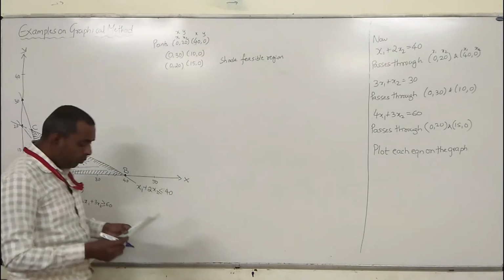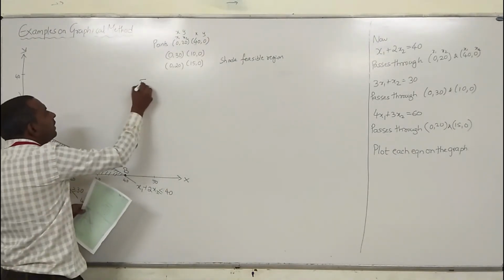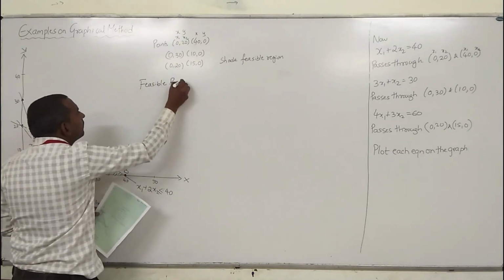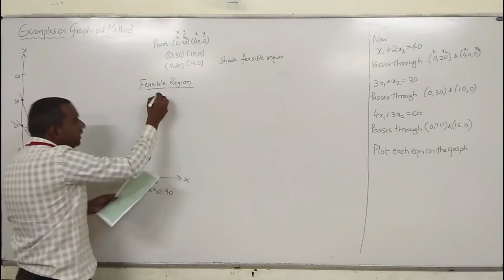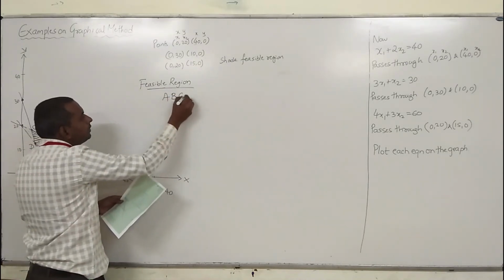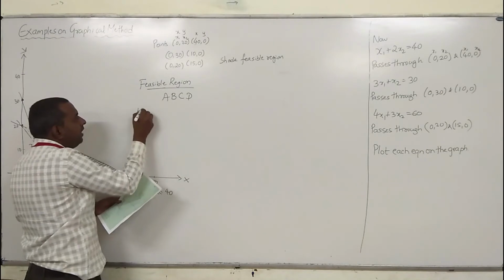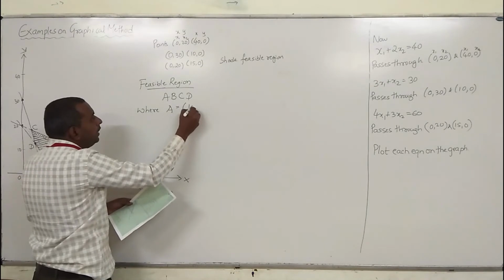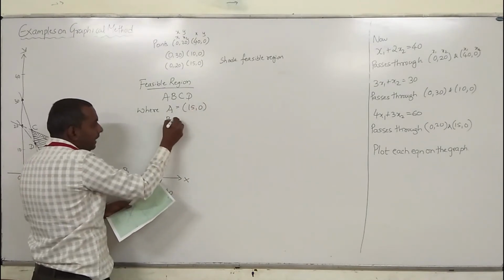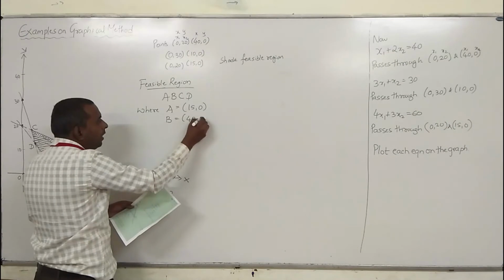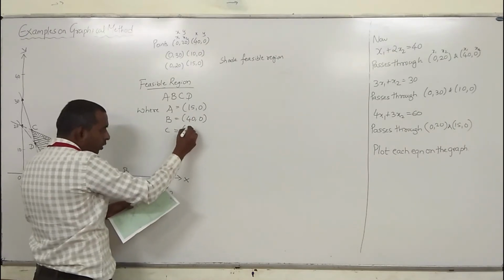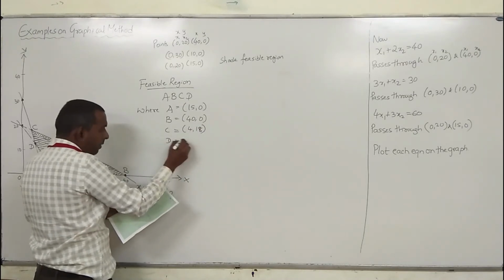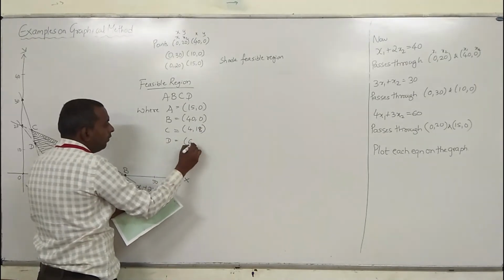This ABCD is the common region, called the feasible region. Let me write feasible region. The feasible region is A, B, C, D, where A is equal to 15, 0, B is equal to 40, 0, C is equal to 4, 18, then D, 6, 12.